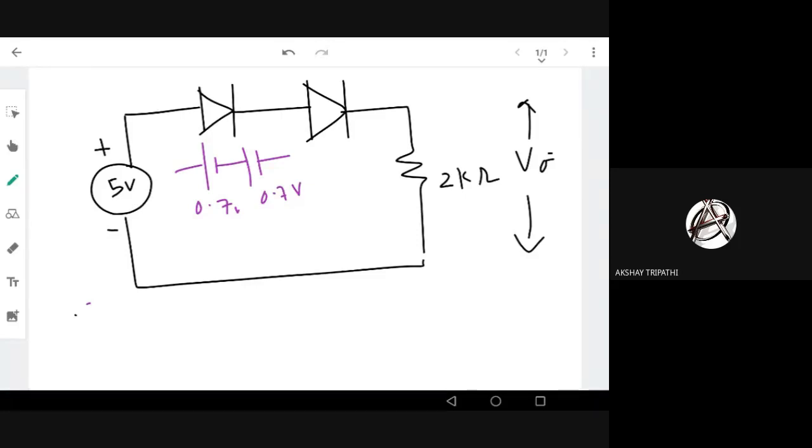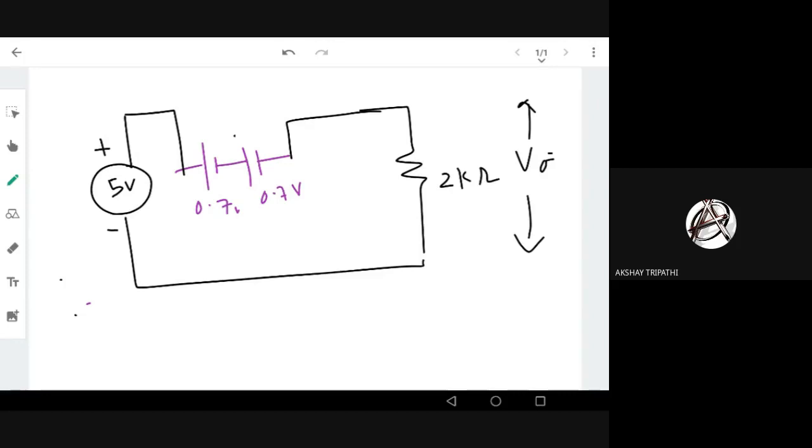In the forward state, I can replace the two diodes with this. You may ask, is this not perfect? Yes, this is not perfect because we are assuming the diode has zero resistance, since we are not using the piecewise linear model of the equivalent circuit of the diode. Here we are using the constant voltage drop model of the diode.